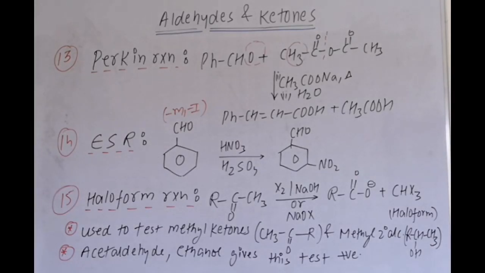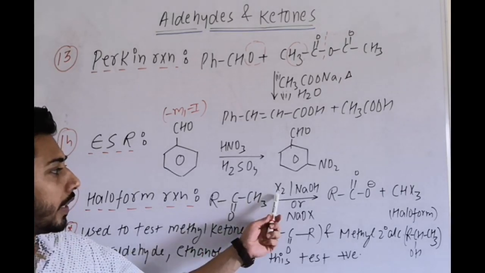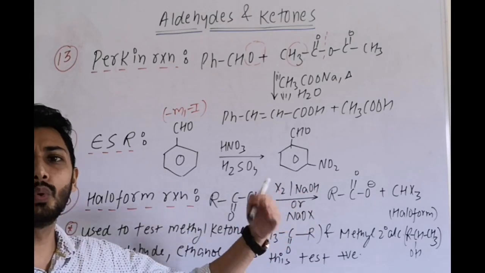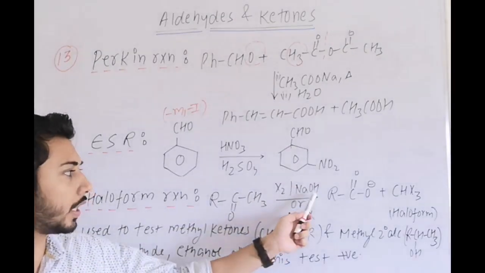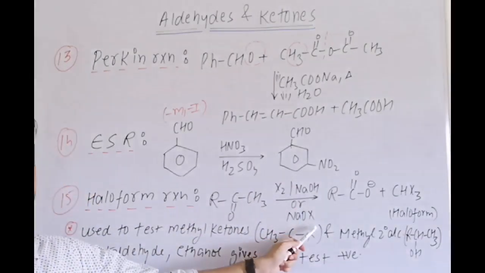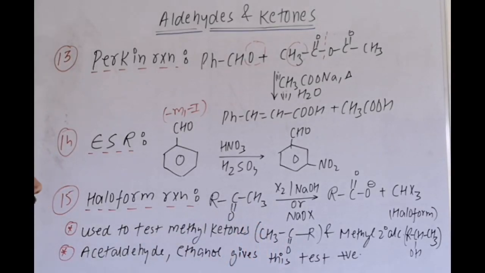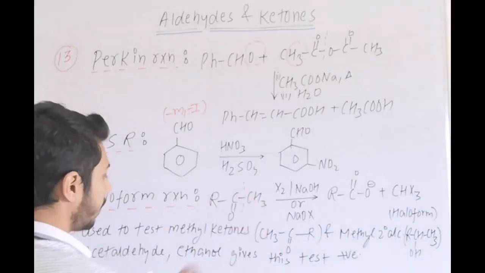15th reaction is haloform reaction. This is an important reaction. Why? Because this reaction we use to test methyl ketones, and exact name is iodoform reaction also for testing methyl ketones. So here general reaction, methyl ketone with X2, that can be I2, Br2, Cl2, X2 with NaOH, or other way is NaOX. This finally cleaves this bond.